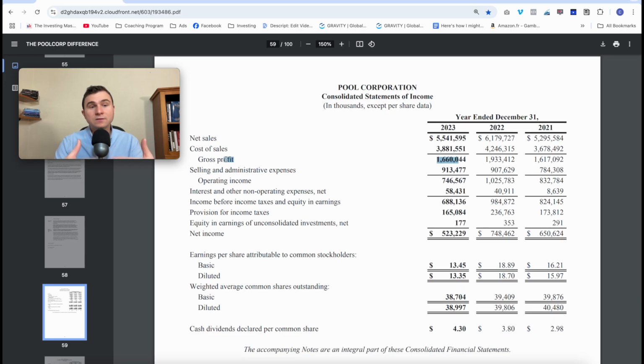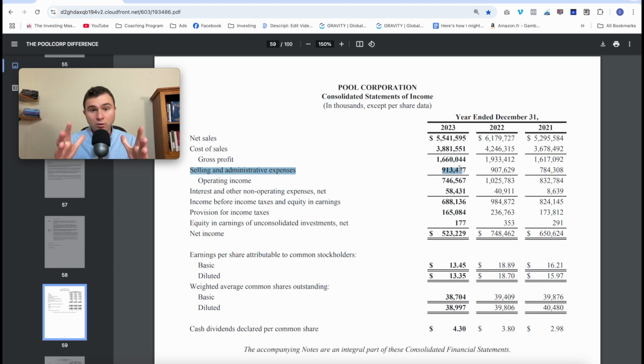You can get gross margins, and for Pool Corp I believe they have 30% gross margins. Okay, now you deduct all the costs, the selling and administrative expenses. That's the salaries, the administrative stuff, all the costs related to research and development.